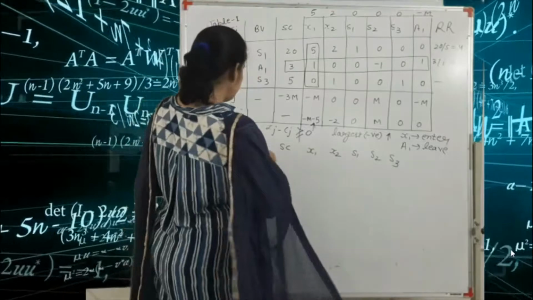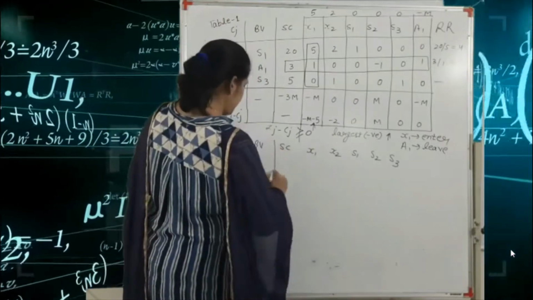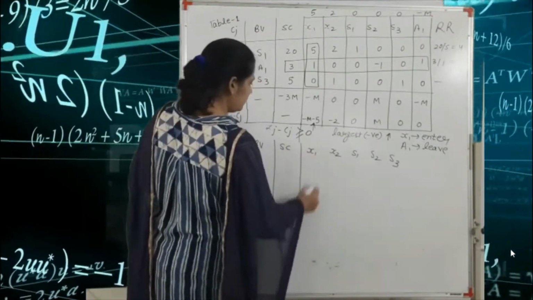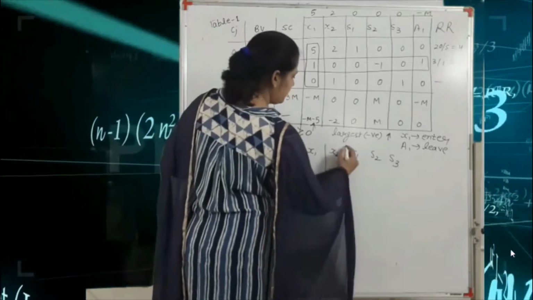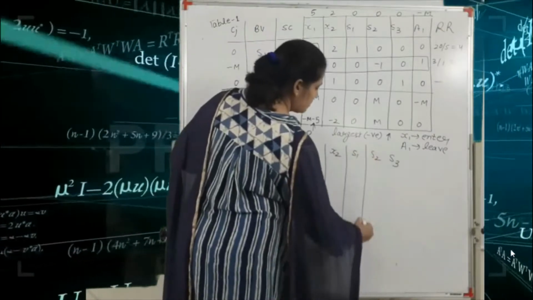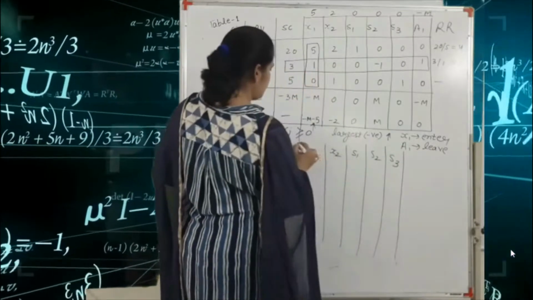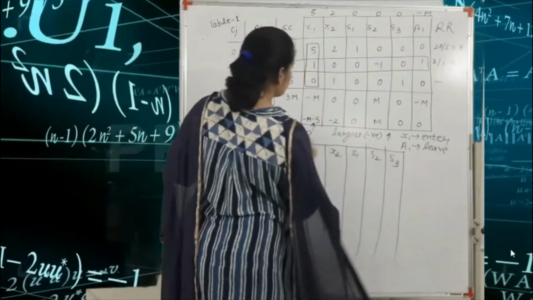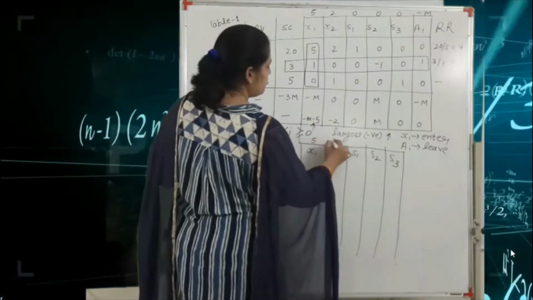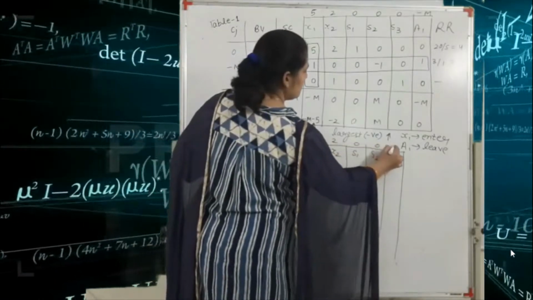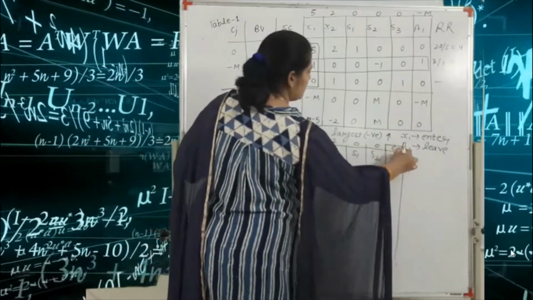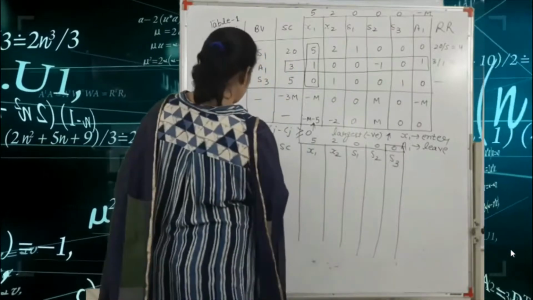Here we write all the values according to the objective function: the coefficients of x1 and x2, so 5, 2, 0, 0, 0. This is your table number 2.